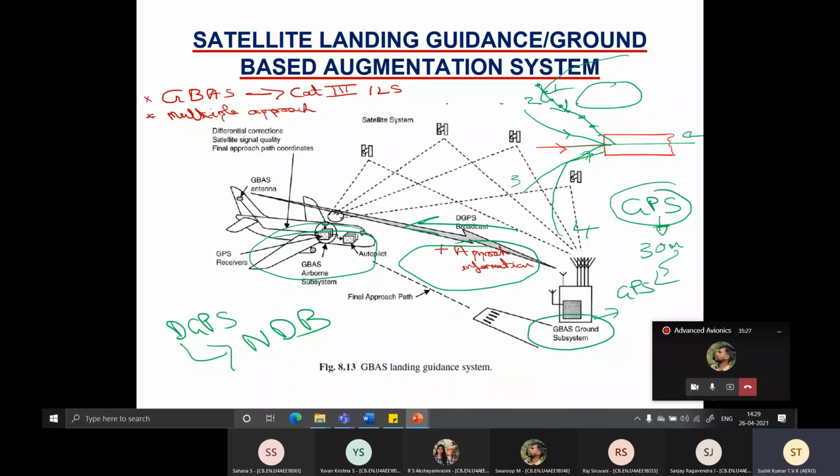And we already have an NDB which is omnidirectional, so you just code this information and pass it on to the aircraft. Then it is the problem of the aircraft control system to add all those errors. Otherwise, it's essentially a heading control autopilot.